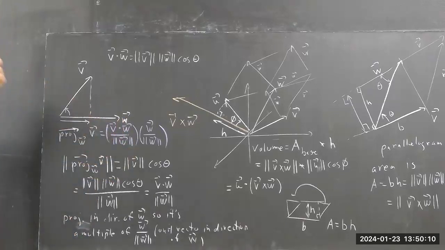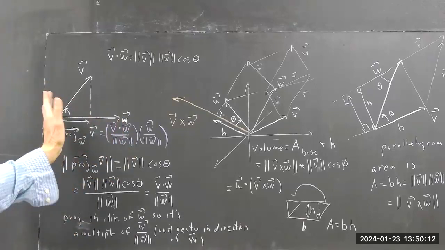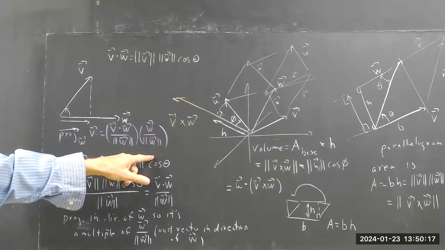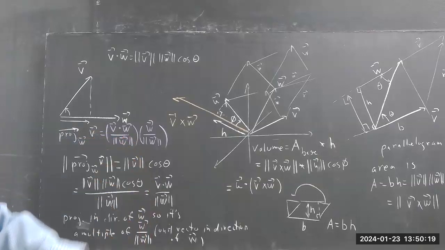Now, the projection might be in the opposite direction. This vector might be this way. Your projection might be a negative multiple of W over magnitude of W, but that's going to come out of this calculation.